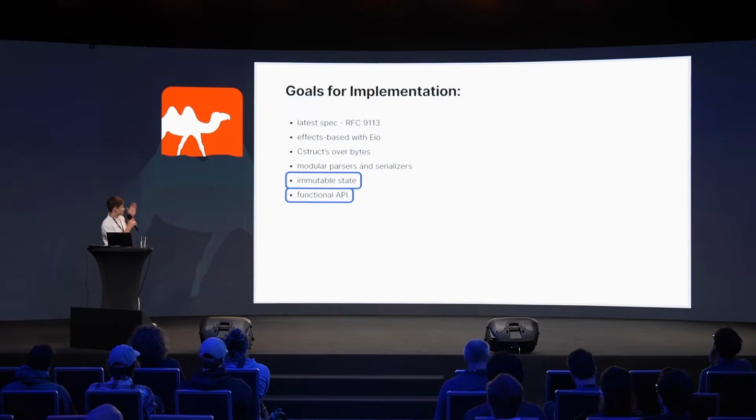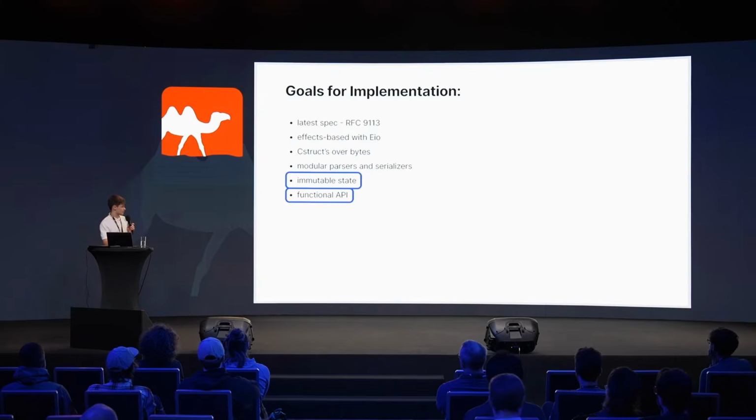When you design the implementation with an immutable state, it makes your life easier and the life of maintainers easier, and there is less room for race conditions. And for the functional API, we want to design the HTTP/2 API in such a way that data availability is defined by the API, it's safe by design, and it's very functional, like it should be in a functional language.